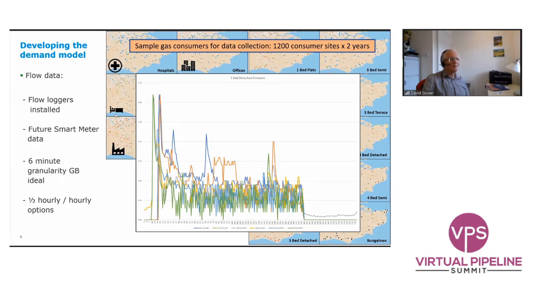Many of the low pressure systems will operate at 30 millibar or even lower than that in some cases for quite a bit of the year. And therefore, the impact of any consumers can be great, and that drives us to need to understand what's happening in quite fine detail.